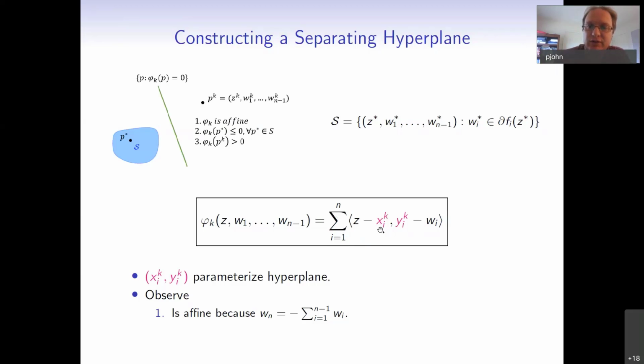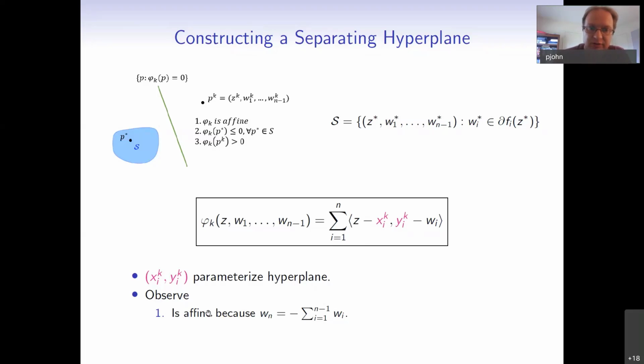We introduce constants which define the hyperplane: xik and yik. You have to pick them at each iteration, and depending on what you pick for xik and yik, you get a different separating hyperplane. So they're really the parameters for this green line. As we vary x and y, we get different lines.